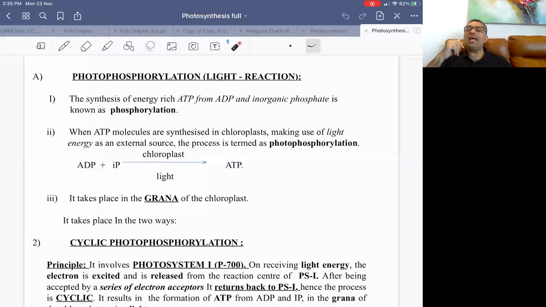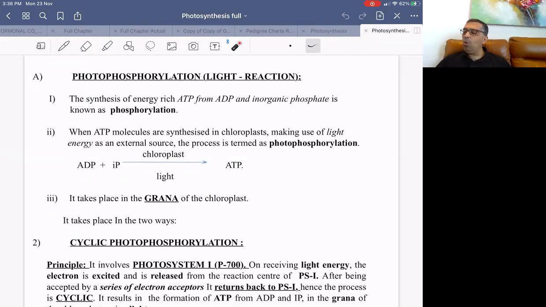And in non-cyclic photophosphorylation, we will use both PS1 and PS2, that is P700 PS1 and P680 PS2. तो चलो analyze करते हैं what is cyclic and non-cyclic photophosphorylation.